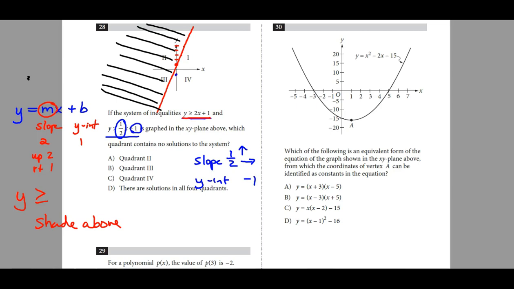We cross at negative 1, and our slope goes up 1 over 2, up 1 over 2. And so this line is going to look something like that. And now we're going to shade pretty much everything above that line. So all of this stuff gets shaded up here.